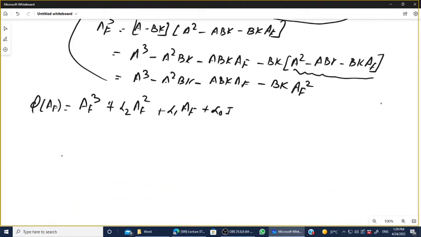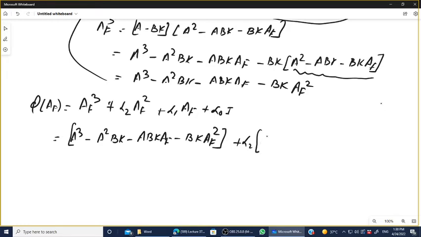So when you put this value, AQ minus A square BK minus ABKAF minus BKAF square. So this will come as AFQ plus alpha 2 (A square minus ABK minus BKAF), I am taking this value here, right?